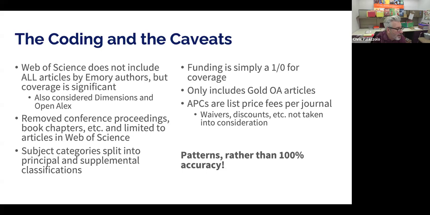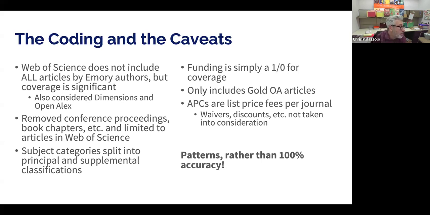We also considered Dimensions. I believe the Office of Research Administration has a license for Dimensions too, but it was difficult to parse out data on corresponding authors, and it also didn't consistently match a lot of our other data that we are keeping locally.